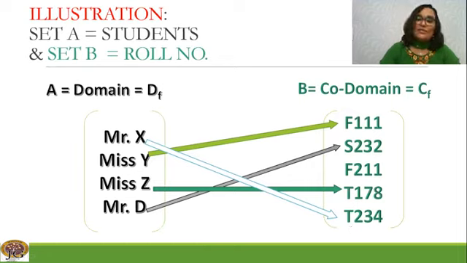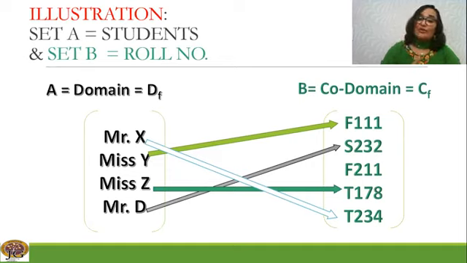Okay, come on. Tell me, what is the roll number of Ms. Z? All right, Miss Z, the arrow goes here, T178, correct, super. And the last one for you, Mr. D, what's the roll number? Come on, quickly. Yes, Mr. D, very good. The roll number is S232. So, Mr. X has only one roll number.